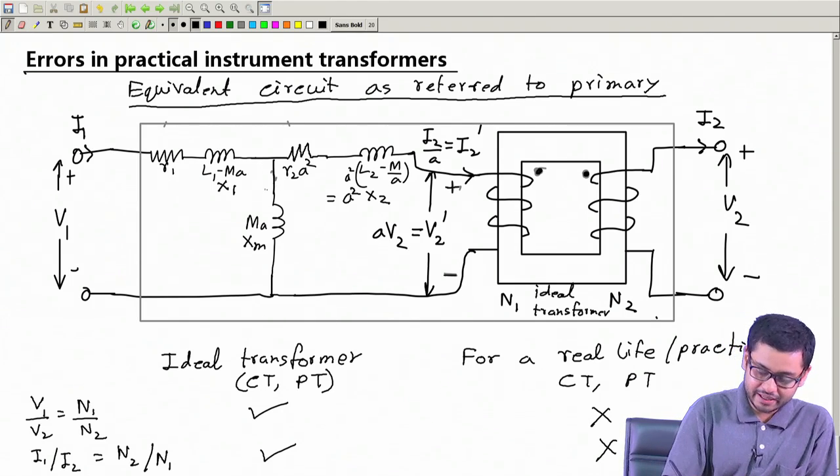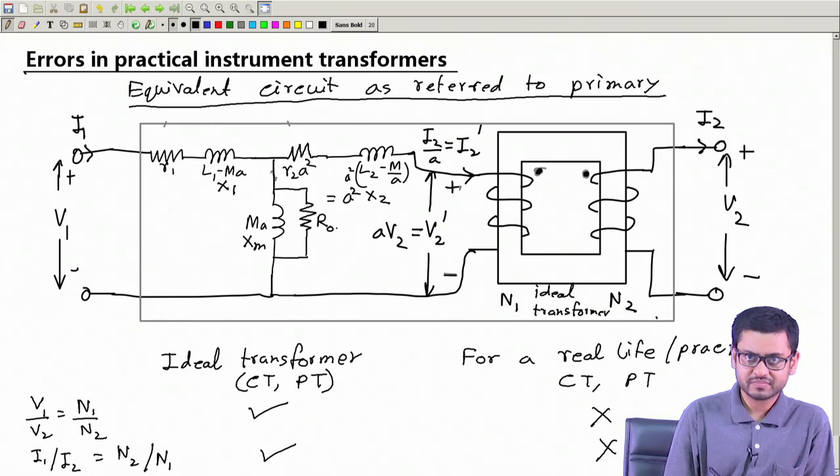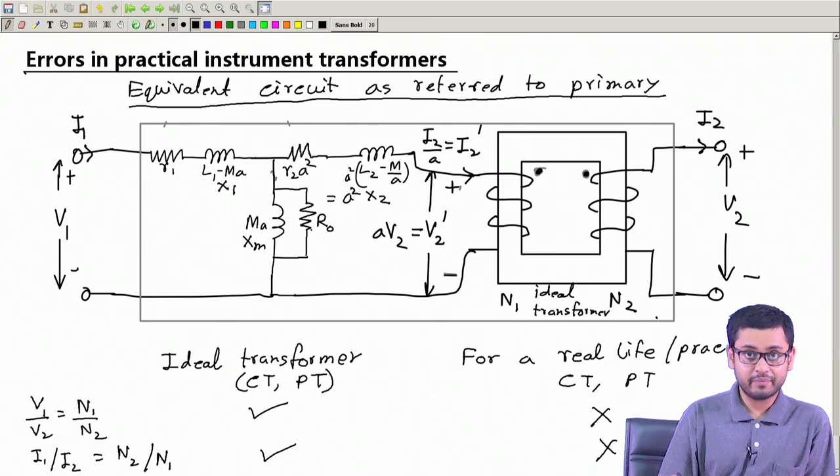Simply put an additional resistance, call it R0. If you put this extra resistance, then this circuit can model even core loss.